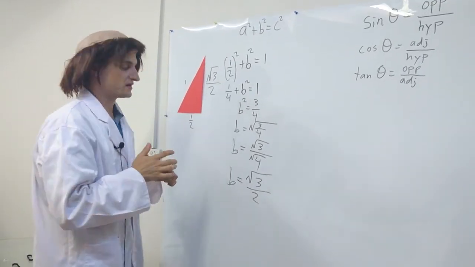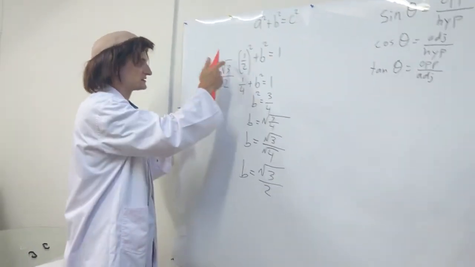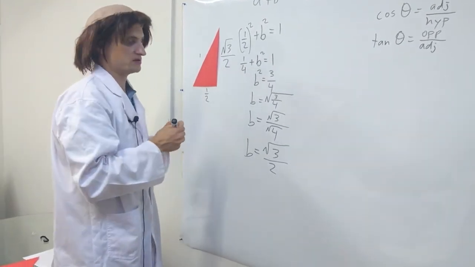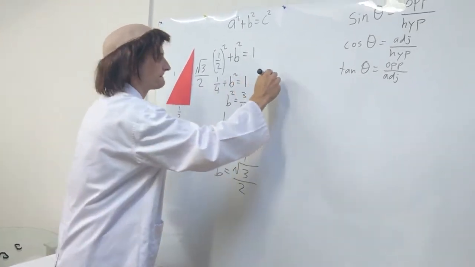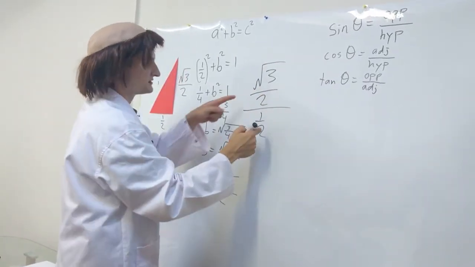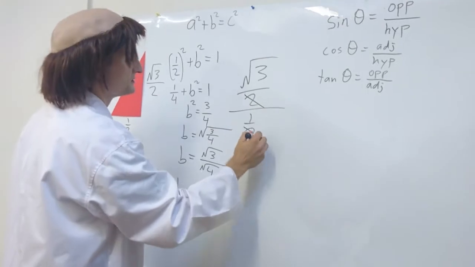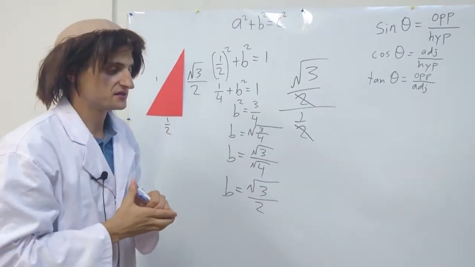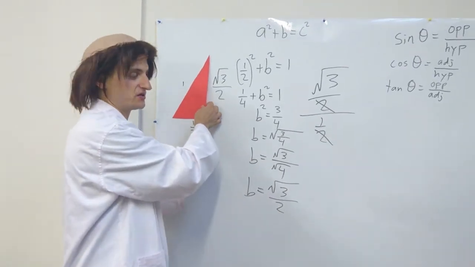The tangent of 60 degrees is square root of 3 over 2 divided by 1 over 2. And what happens is these 2's cancel, so it's simply square root of 3. Now I'll erase this one and we'll look at a very easy triangle.